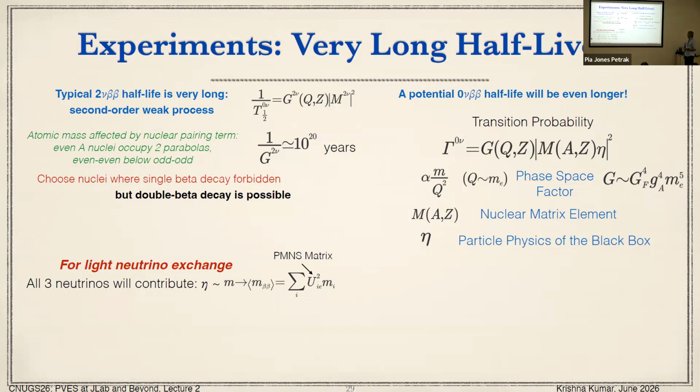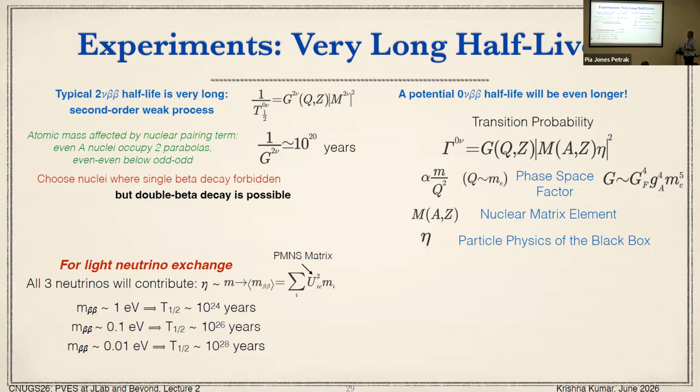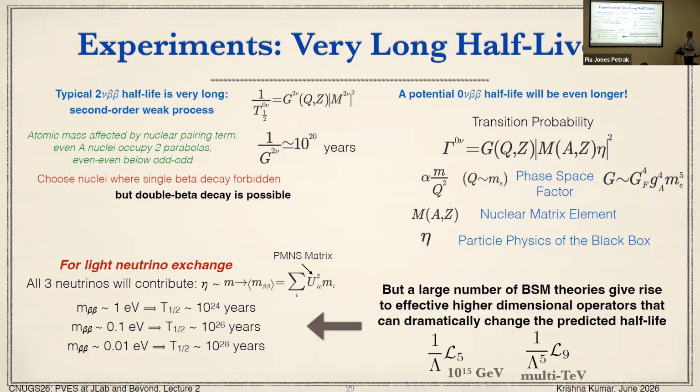Okay, and so unfortunately, look at this. If m beta beta is 1 eV, the lifetime is 10 to the 24 years, 100 milli-eV, 10 to the 26 years, 10 milli-eV, 10 to the 28 years. So these are ridiculously long lifetimes, extraordinary experimental challenges.